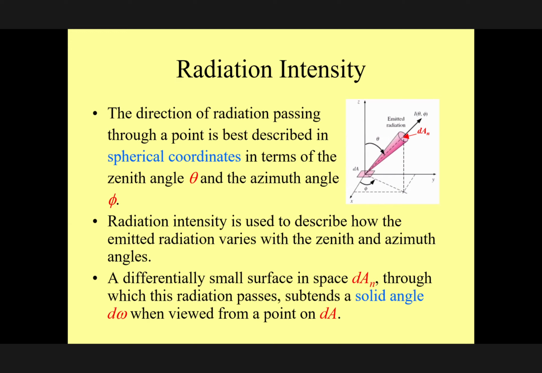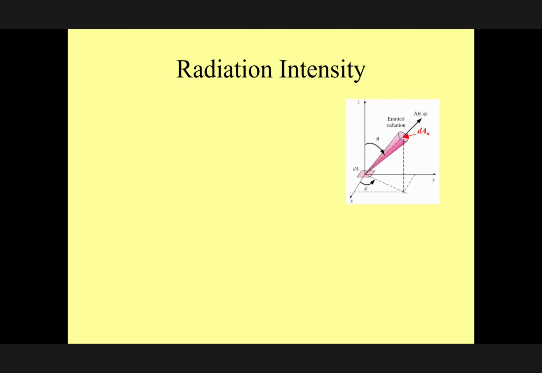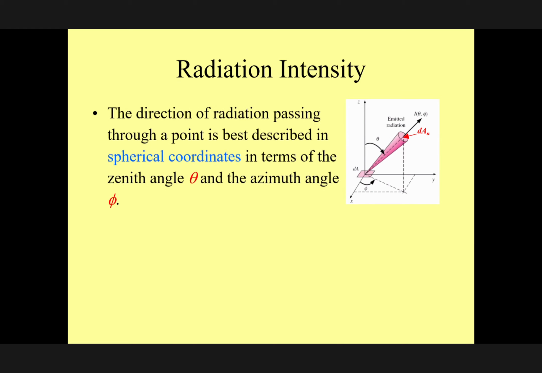Therefore, let me go back again. We have a source emitting energy, and we are trying to find what portion of energy is emitted from this surface. The idea here is for you to understand this is a spherical coordinate system, because if energy comes from all directions uniformly at this moment, for some material it depends on angle. What we define here is a spherical coordinate, and each radiation coming from the surface is a function of these two angles.